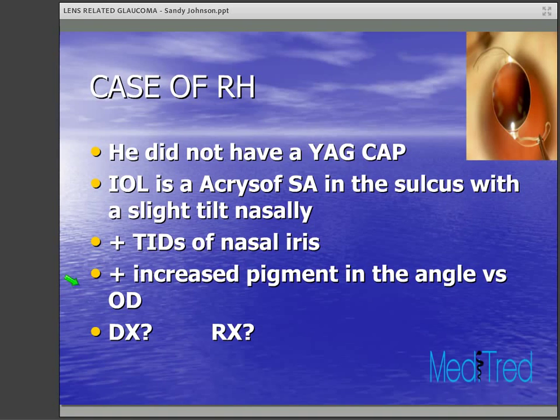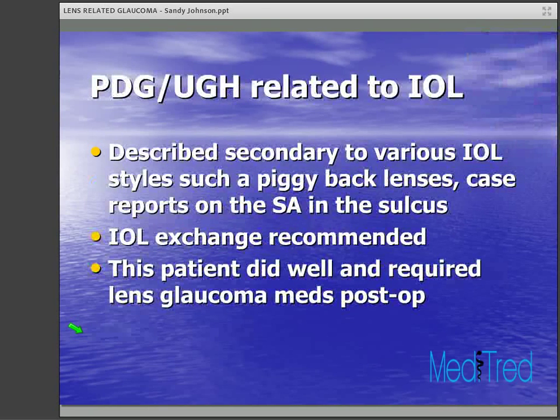So actually, he had UGH, but he also had a secondary pigmentary glaucoma. And this kind of glaucoma has been reported with piggyback lenses, as well as the AcrySof lenses in the sulcus.